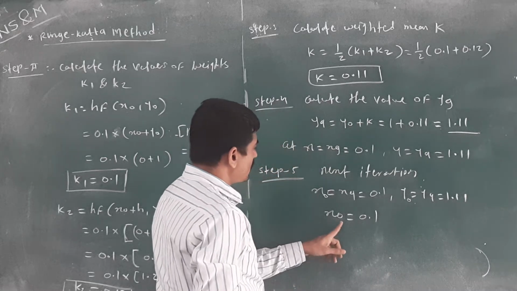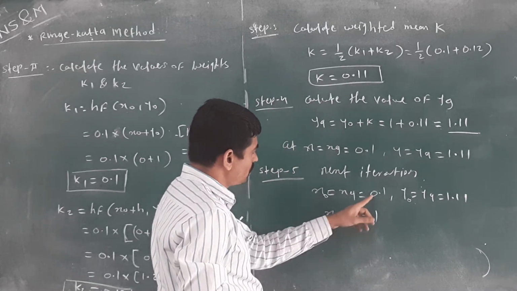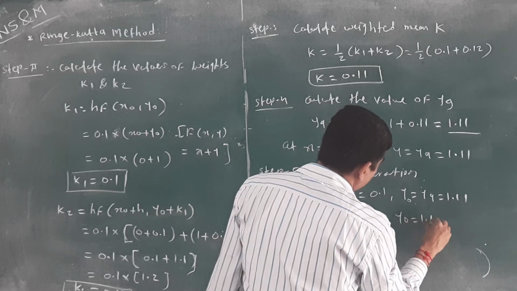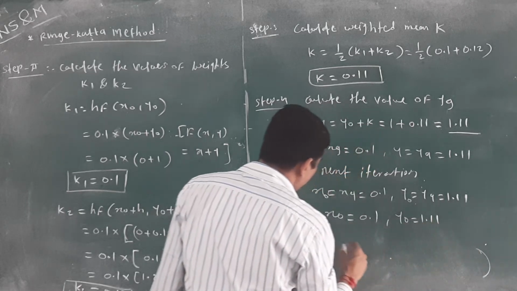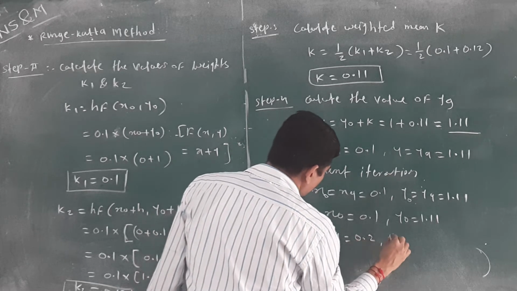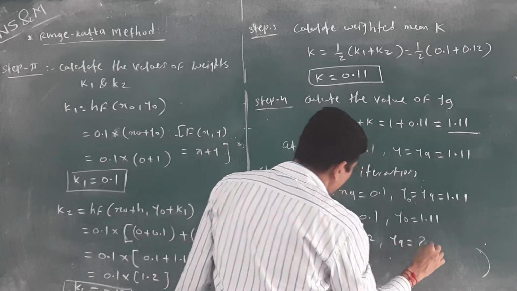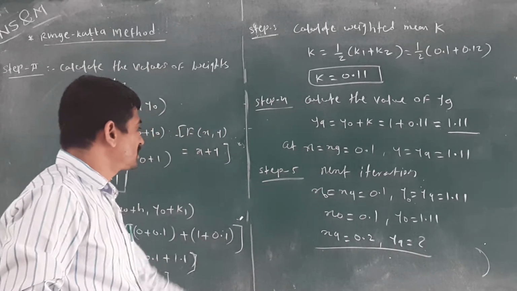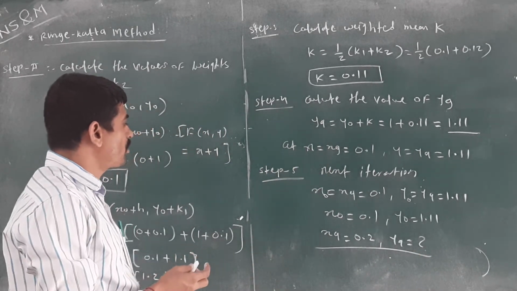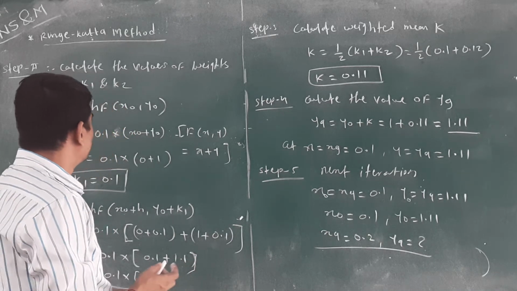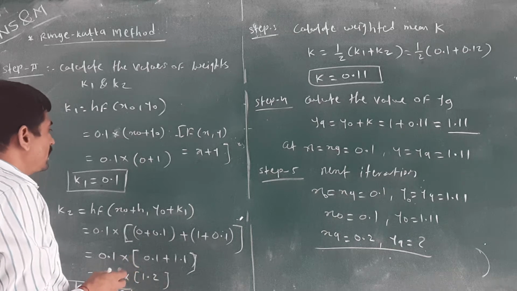Can I write in this way? x0 is equal to 0.1 and y0 is equal to 1.11. Then we want to calculate xg is equal to 0.2, yg is equal to how much? We want to calculate this value, right? Yes, all of you getting?